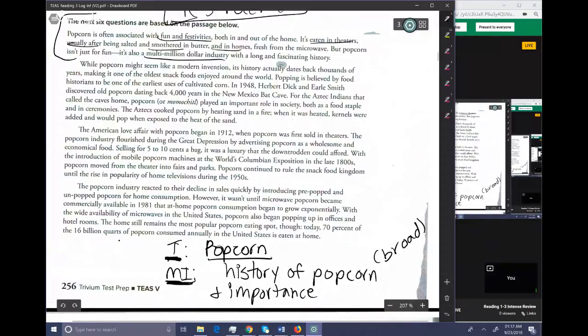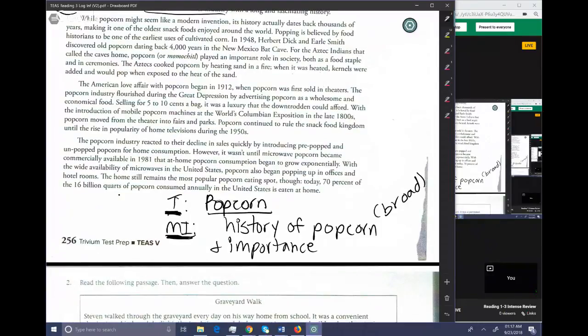So you have a couple of things going on where importance becomes a thing. So my second stage was, oh okay, how about history and importance of popcorn? Had you said history of popcorn and moved on, that would not be tragic. You would figure out based on your paragraph focuses that needed to be added in at some point.